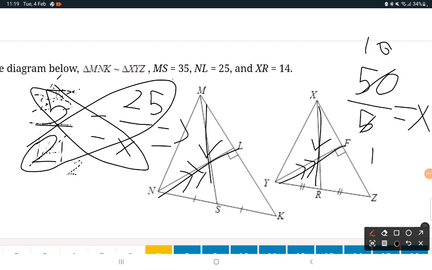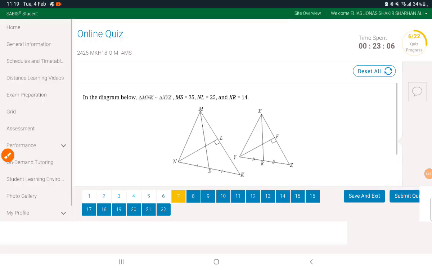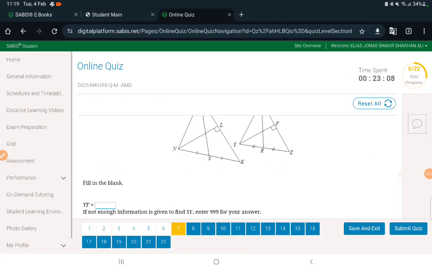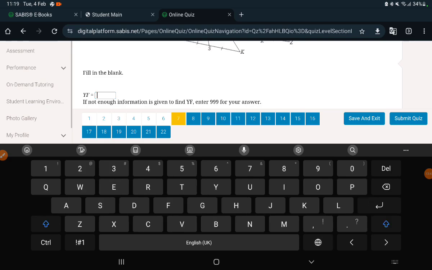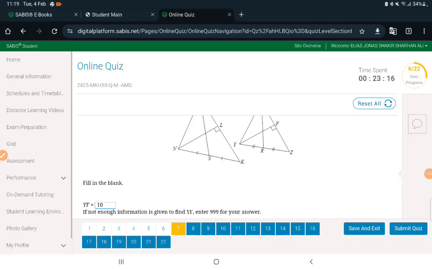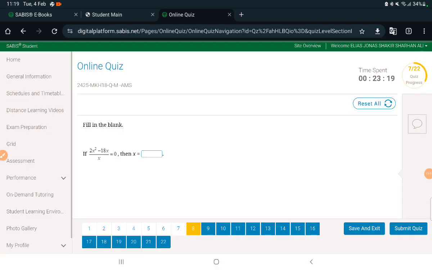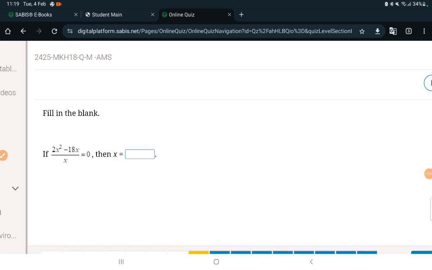MS 35 over XR 14 is equal to NL 25 over YF, which we just rebranded as X. And then we just simplify and cross multiply. So yeah, we get X is equal to 10. Since we rebranded YF as X, YF is equal to 10. If you don't change it to X, that won't change anything. Just keep it as YF. If you get confused, you don't have to change it to X.